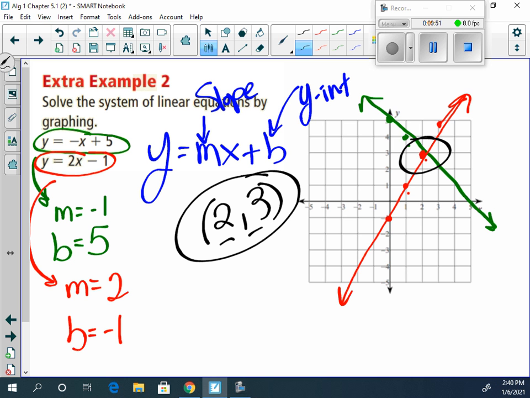Any other questions on this here? Are we good with this problem here? Yes? Okay, let's look at another one.